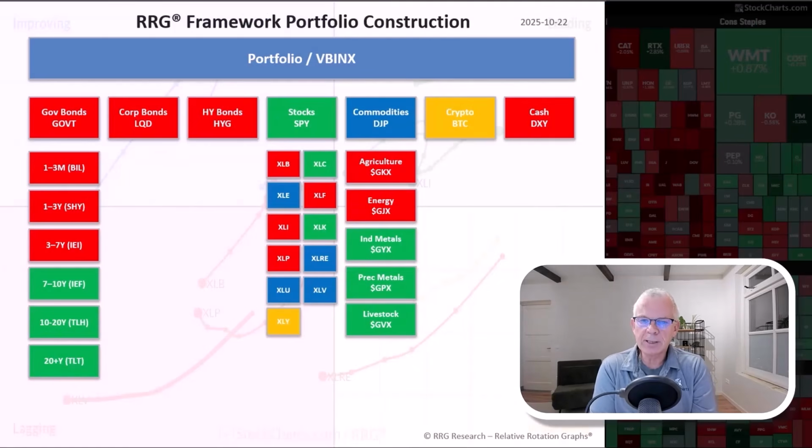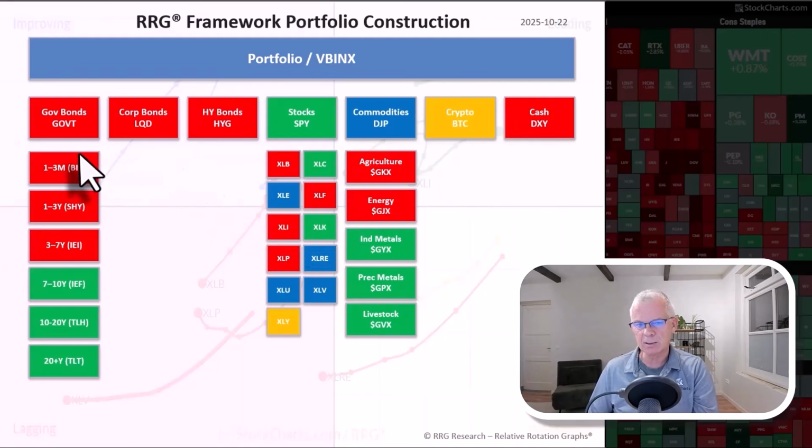And that brings us to this picture. And you can see that now, after looking over all the RRGs, I have color-coded the various asset classes and the various members or securities in those asset classes. And you can see the underperformance for the bond complex, the strength of stocks, the improvement for commodities, the kind of weakness for crypto, and the underperformance for the dollar index.